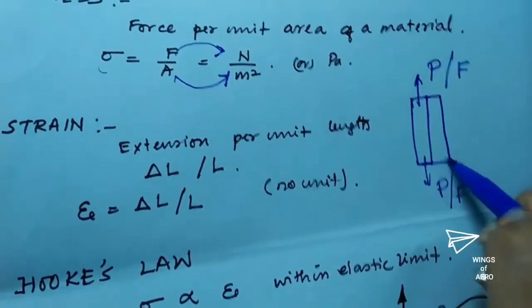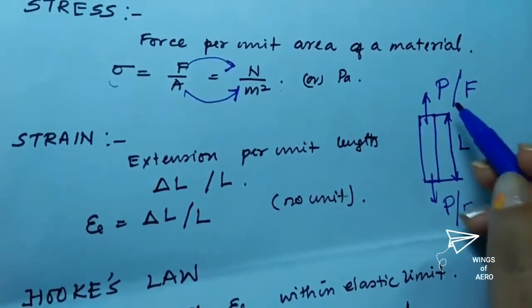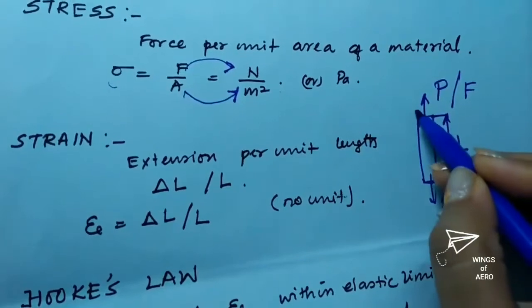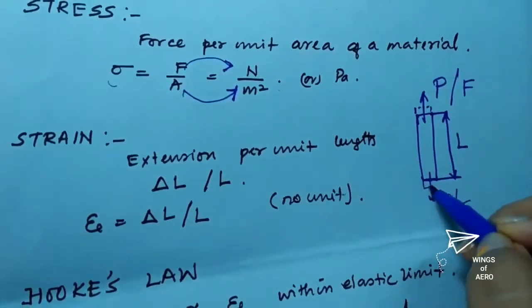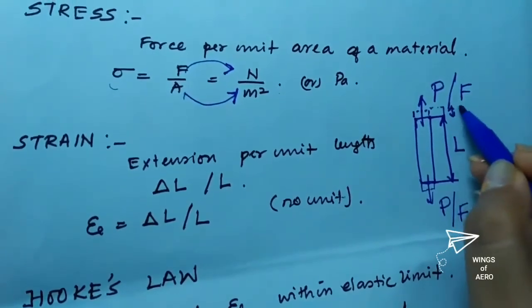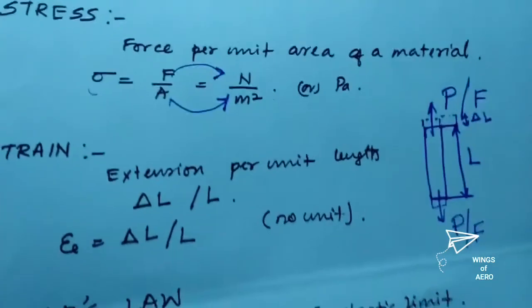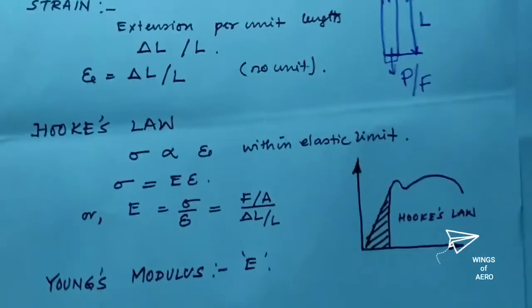The original length is L. When it gets extended, there is some change in length. So this change in length by the original length gives the meaning of strain, which has no units.